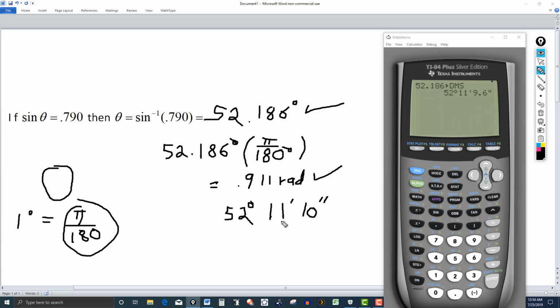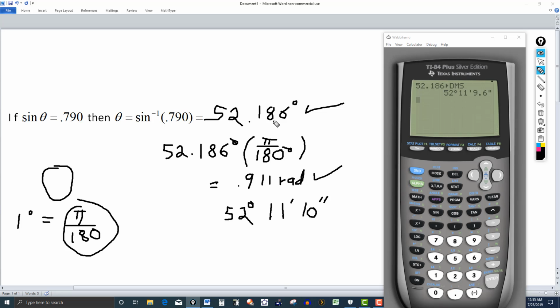And you can do this manually, if you don't have the calculator. Remember that this is 11 over 60, because there are 60 minutes in a degree and 3,600 seconds in a degree. So this would be 11 over 60 and 10 over 3,600. Combine it, write it as a decimal, and you get the same answer I had over here, depending on how you round. So these are your possible answers.